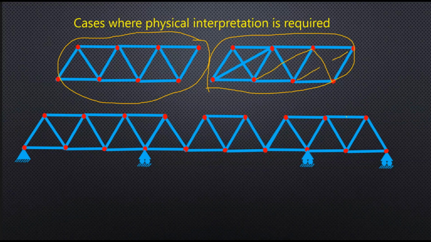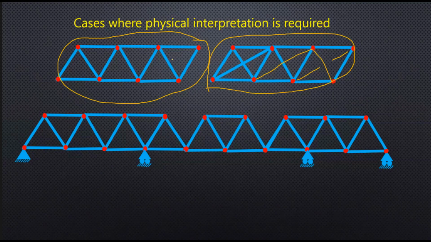So we call this force flow redundancy. That means failure of one member does not cause the failure of the system. That is why in some cases we make the trusses statically indeterminate, or we add redundancy, to make sure that failure of one or two members does not cause system failure.